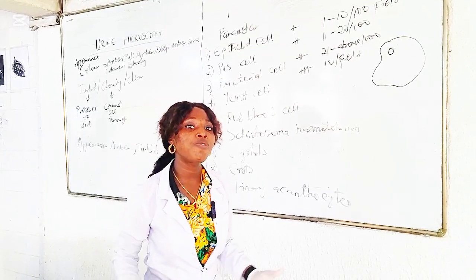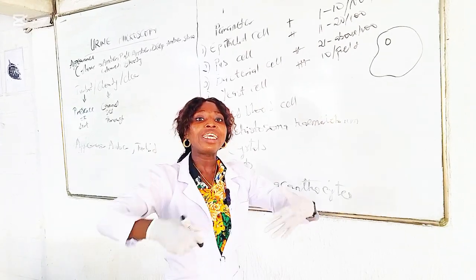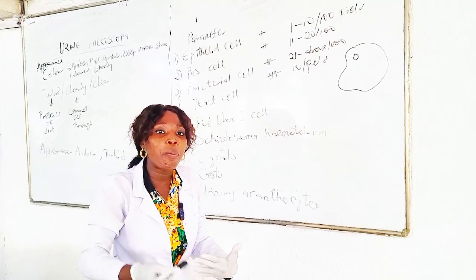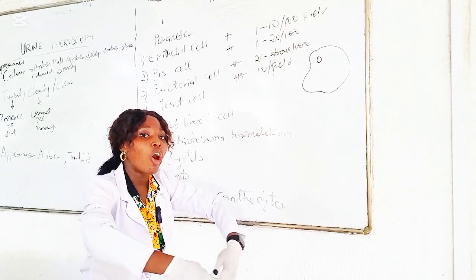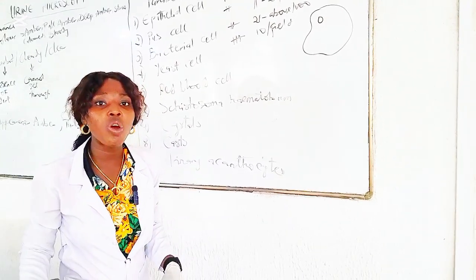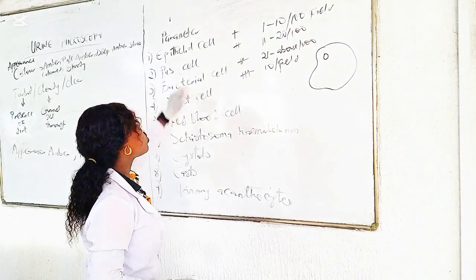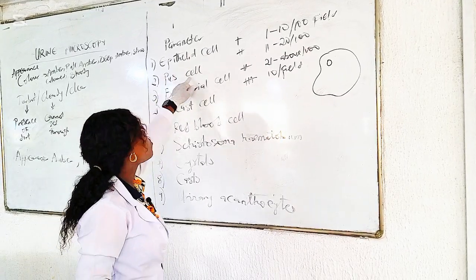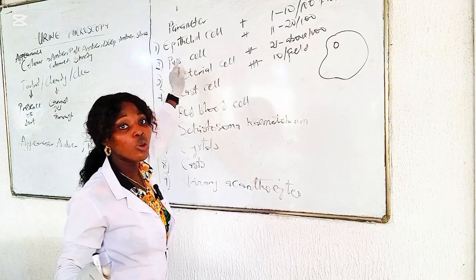In that process, the neutrophil self-destructs while trying to destroy the foreign body. It engulfs the foreign body and destroys the organism. So when a white blood cell goes through that process of phagocytosis, it results in a pus cell.